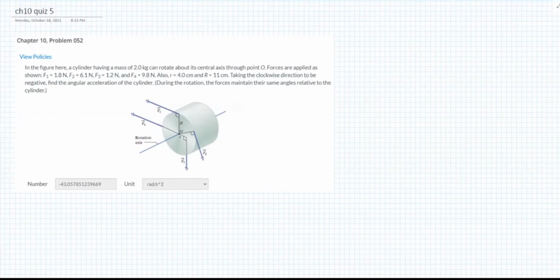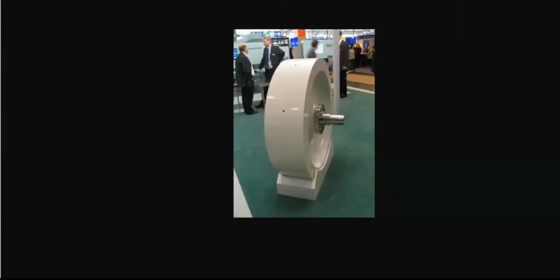And again, here's another, just for show and tell. Here's an industrial strength flywheel. Again, notice how intentionally the mass is concentrated along the circumference of the wheel. That's because if you have a given amount of mass, the more you can locate that mass further away from the axis of rotation, the more inertia you get.